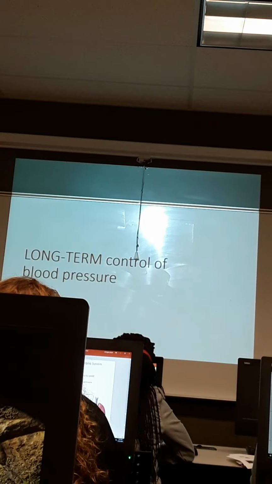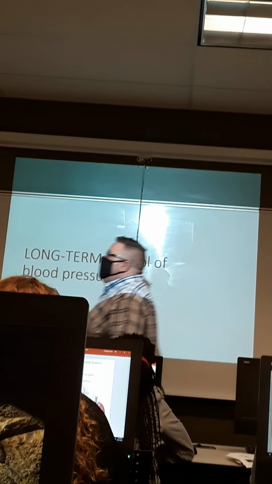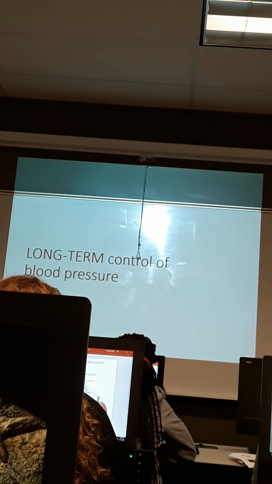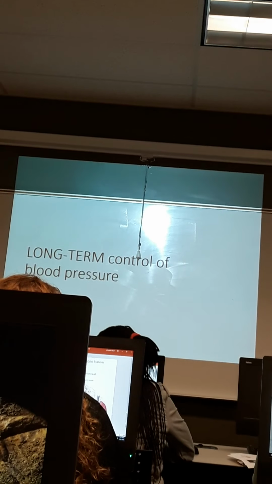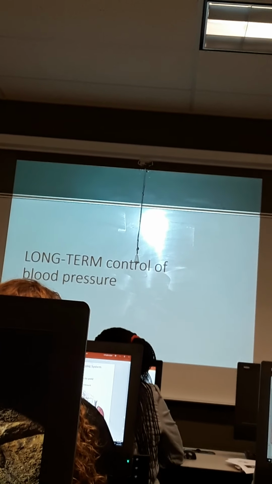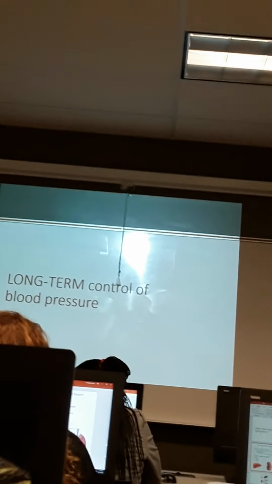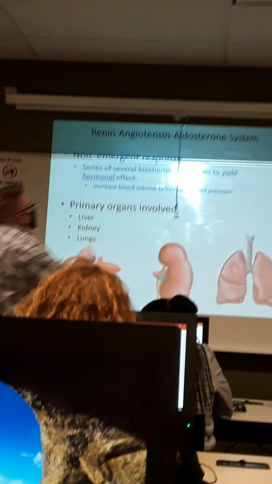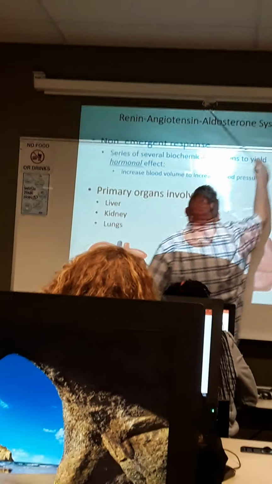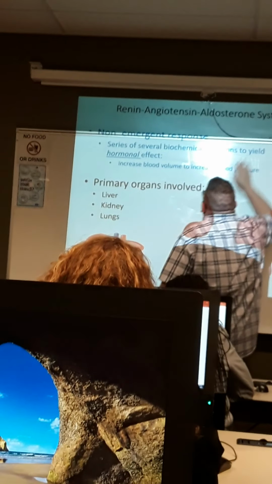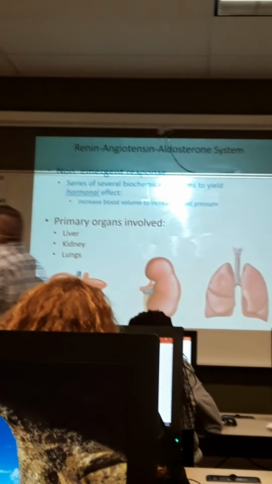So long-term control we're talking about, so short-term is minutes to hours. This we're talking about, days to weeks to months, over a long period of time. Now this is a non-emergent response. This is more of a long-term response.